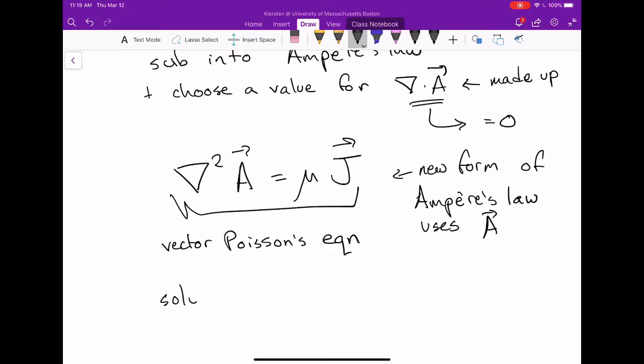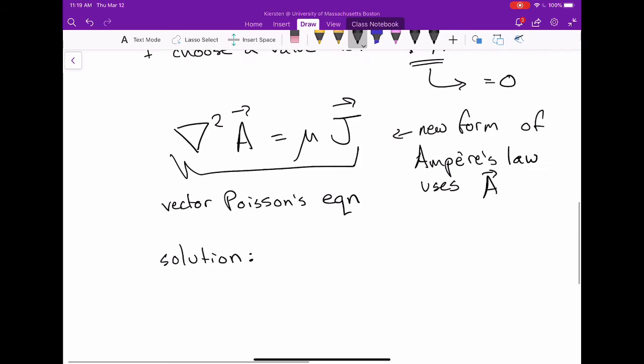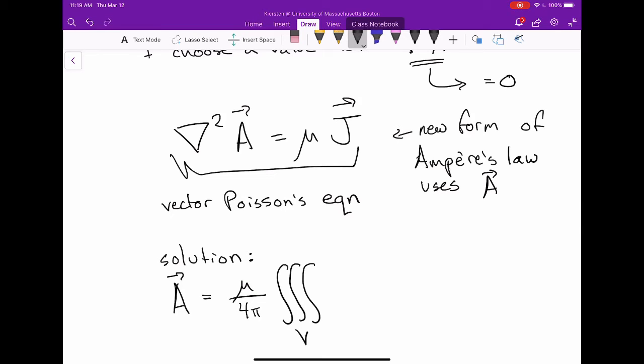So their solution is that A is equal to mu over 4 pi times the volume integral over some volume that we're going to name V prime of J of the position variables inside there divided by the position variable in there.